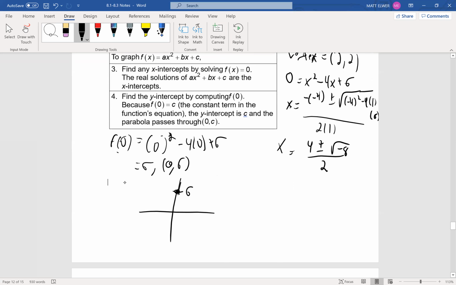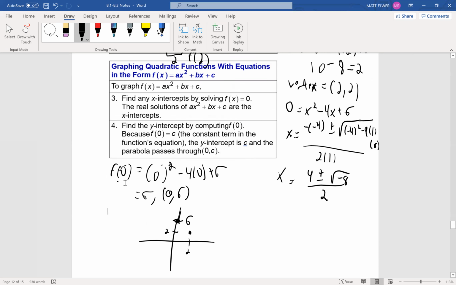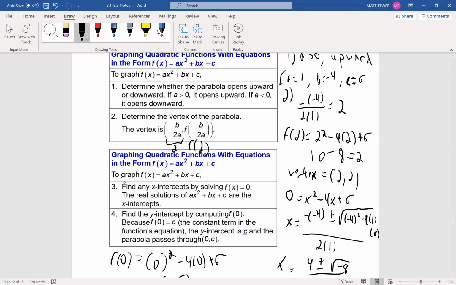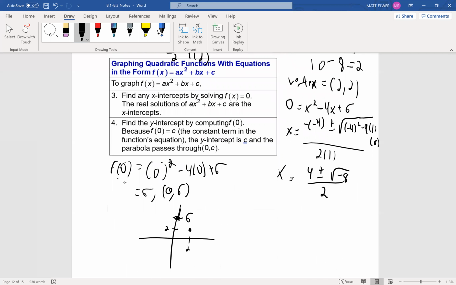The vertex is at (2, 2), maybe there and there. And from step 1, we know that it opens upwards. So we can connect it with a smooth line. Maybe it's going to look something like that. It should be mirrored on both sides, so it looks like the exact same thing.